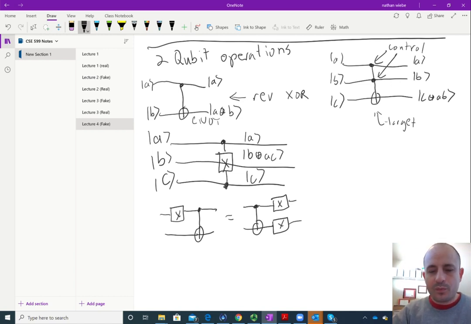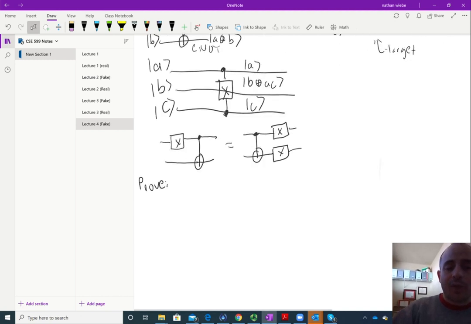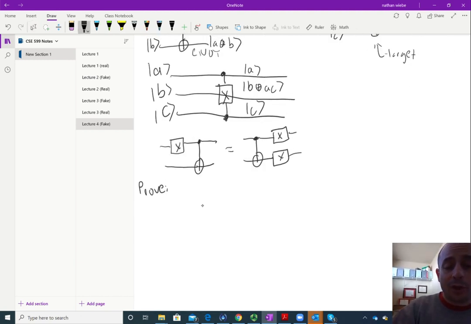The simplest way to prove this is that two unitary operations are equivalent if they end up having the exact same action on every computational basis state. So the way that I'm going to prove this is I'm going to literally do that. I'm going to put an arbitrary computational basis state in. I'll call it A up here, tensor B down there.